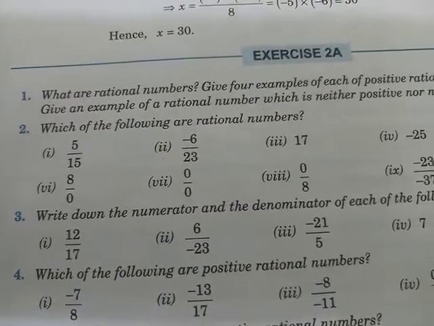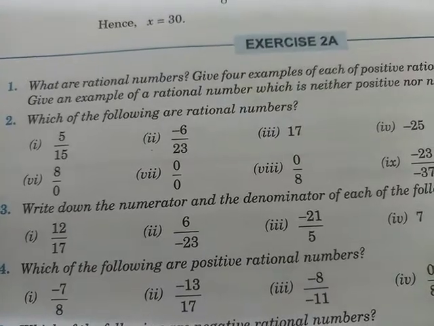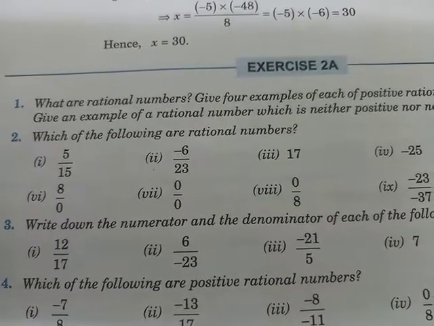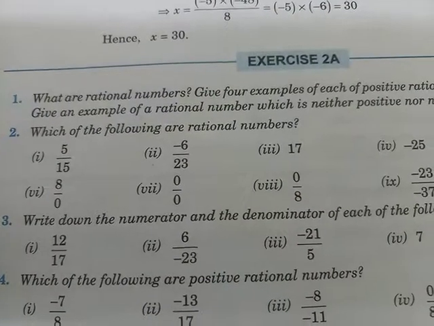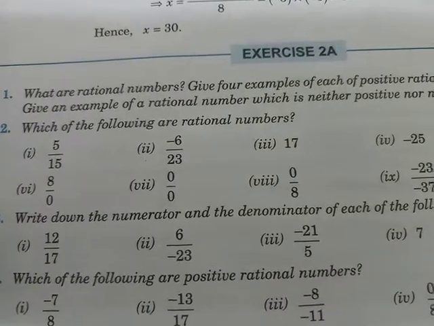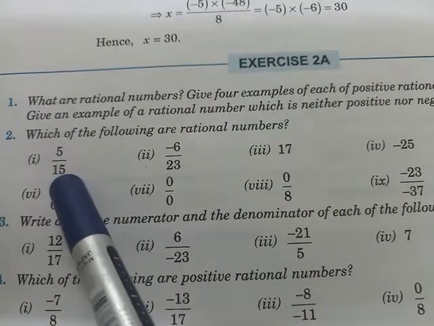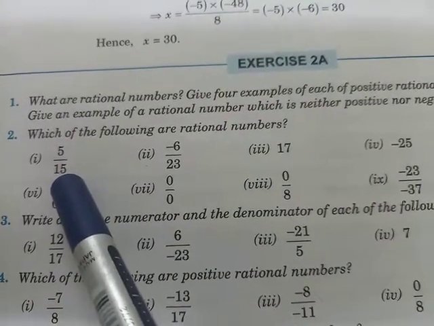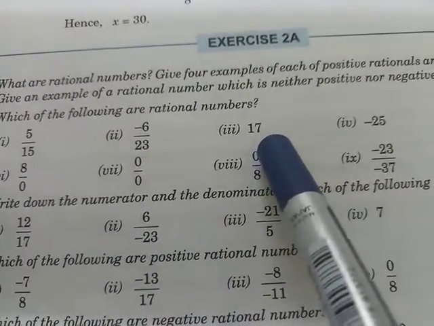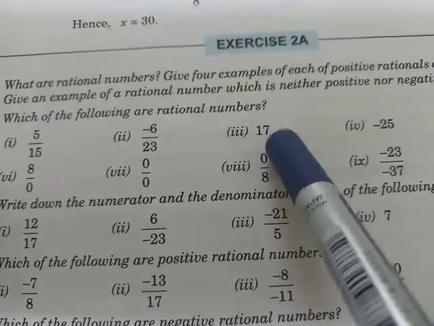Question number 2, which of the following are rational numbers? As I said, the p upon q form is required, and the denominator cannot be equal to 0. So the first one is in p by q fraction form, it is a rational number. Third one is 17.